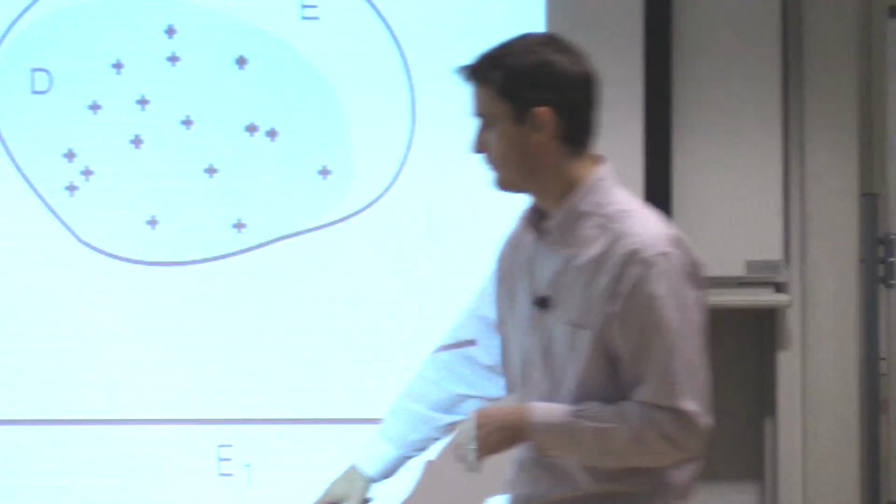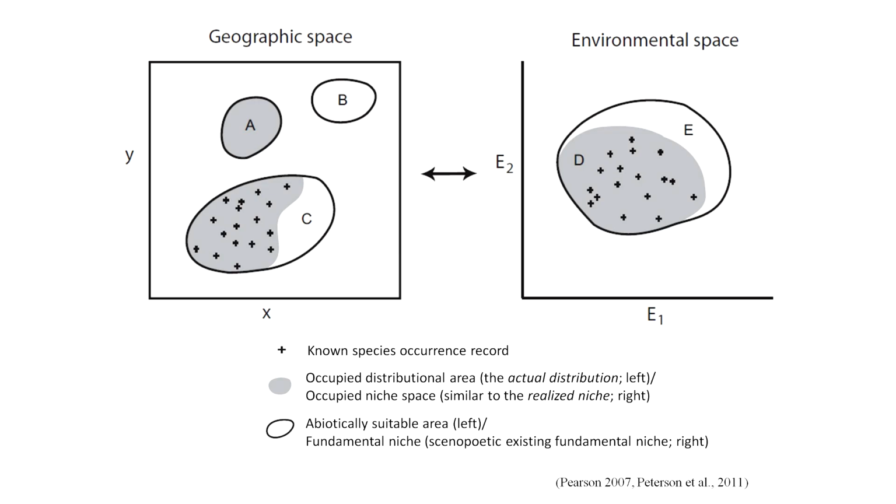But if you're interested in, say, an invasive species, where could it invade if it landed somewhere? If that movement requirement was overcome and you actually translocated a species to an area, where could it potentially distribute? Well, then you're a bit more interested in the abiotically suitable area.